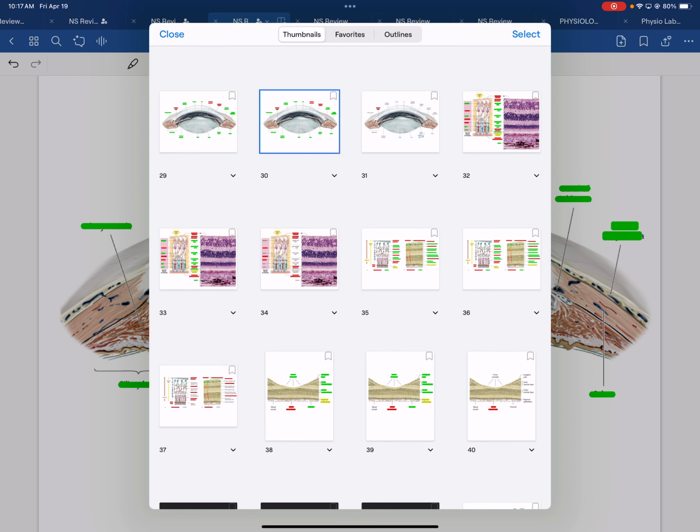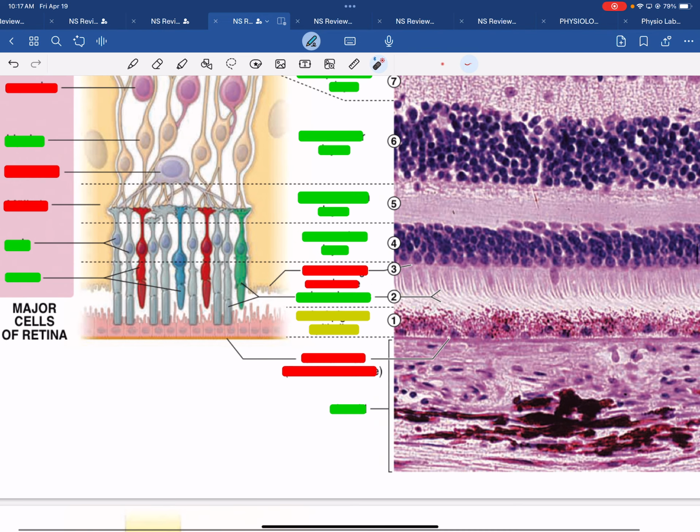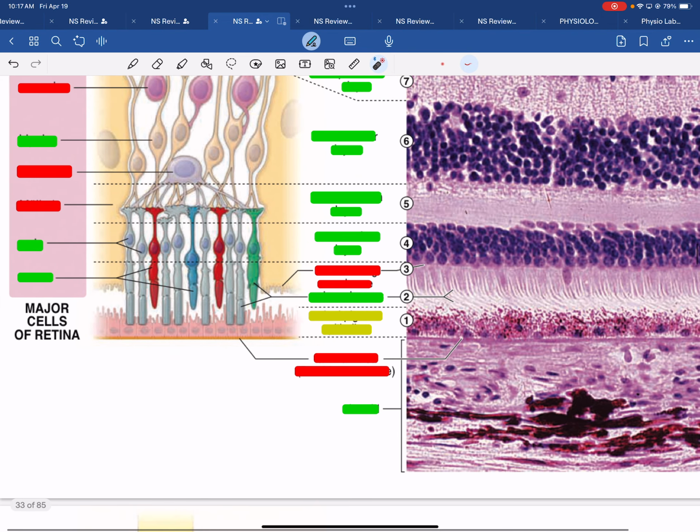Let's move on to some of the histology. So here's the retina, a schematic diagram cartoon of the retina. Let's start here, even though this is not in the lab manual.